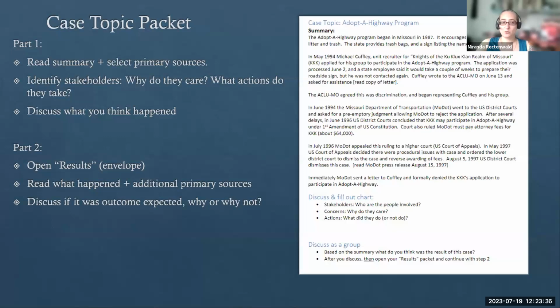So the activity was case packets. They each got a topic, and these topics were all difficult questions. The example here is: was the KKK able to adopt a highway and pick up litter in Missouri? The other topics were: in 1977, was the local chapter of the Nazis able to have a march in St. Louis?